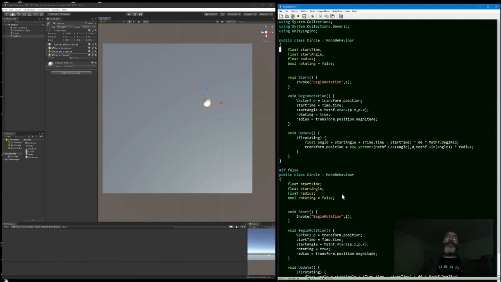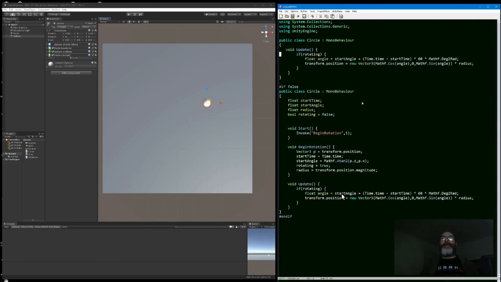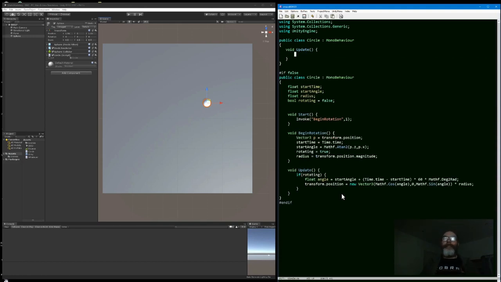The first one is that we could just ignore all of this maths and just do the following, which is to say transform dot rotate 0, 1, 0.